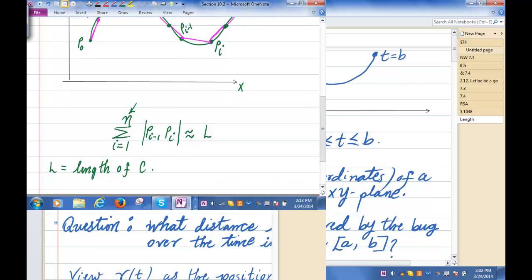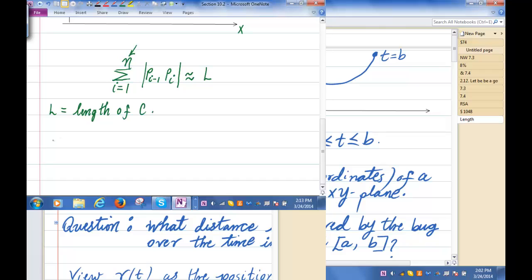So that tells me that I should define L, the length of C, to be the limit as n goes to infinity of the sum, i going from 1 through n, of the length of the segment between Pi minus 1 and Pi.